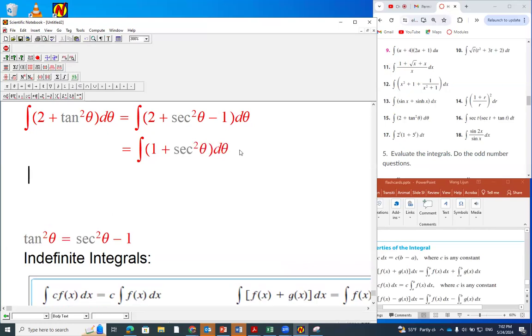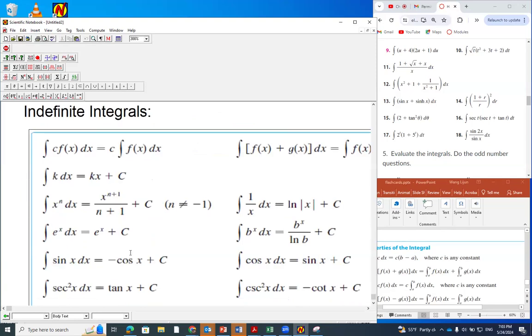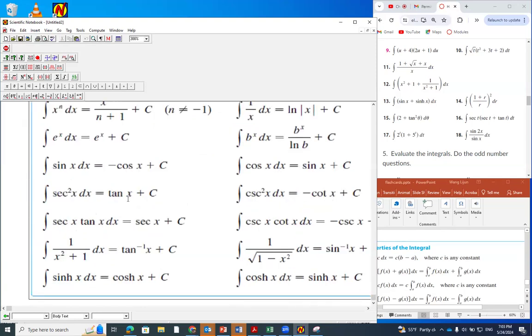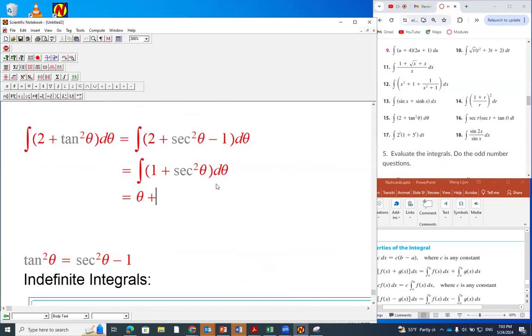And the antiderivative of 1 is theta. Plus the antiderivative of secant squared. What's the antiderivative of secant squared? Tangent. Okay? So tangent theta. Plus a big fat constant. We're done. We're finished.